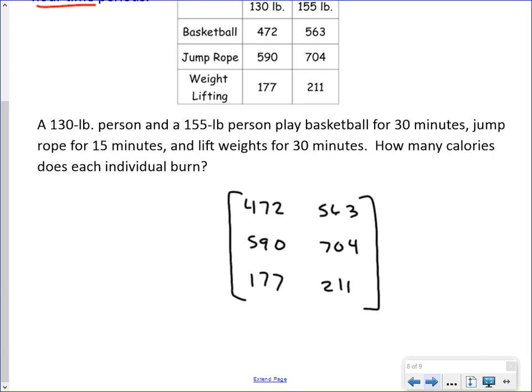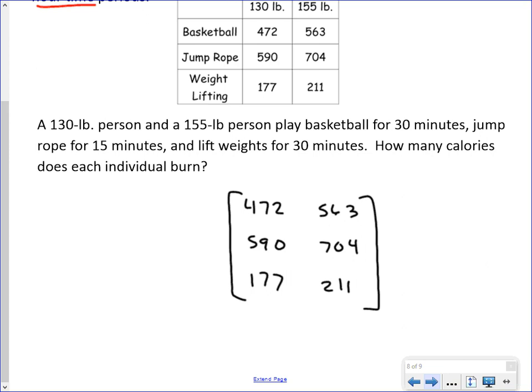And in the matrix, each row represents a different activity. Each column represents a different weight person. And then there's some other piece to the problem that they're going to talk about, and you'll have to decide, like, should I be adding matrices together? Should I be subtracting? Should I be doing a scalar multiplication? Do I want to do matrix multiplication? You'll kind of have to figure that out.